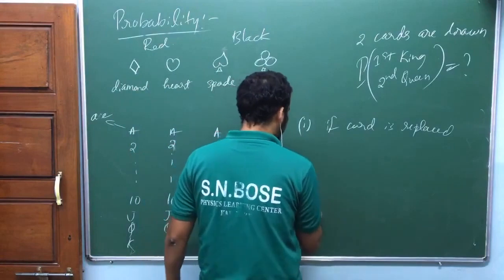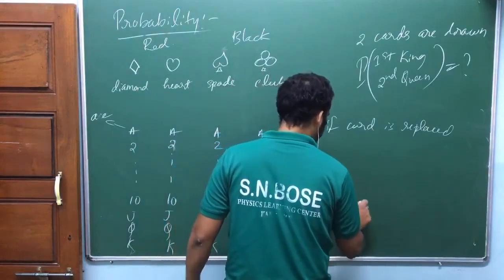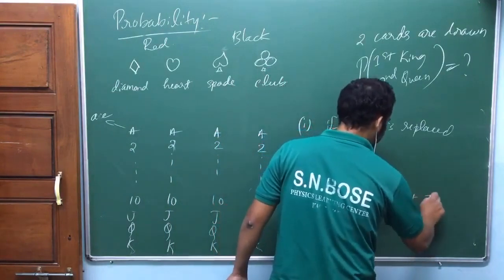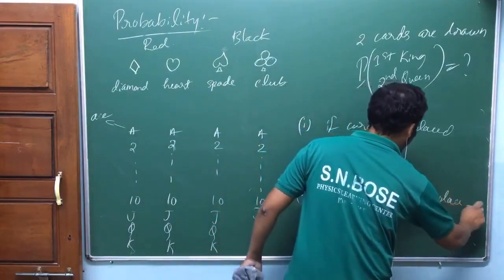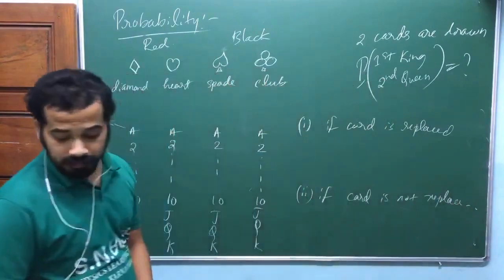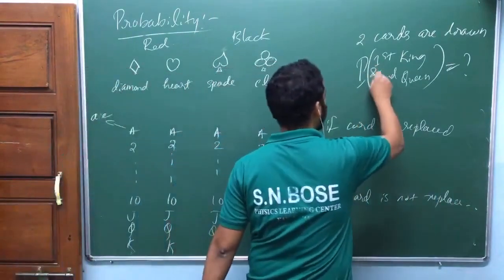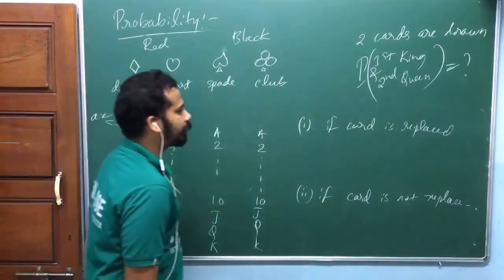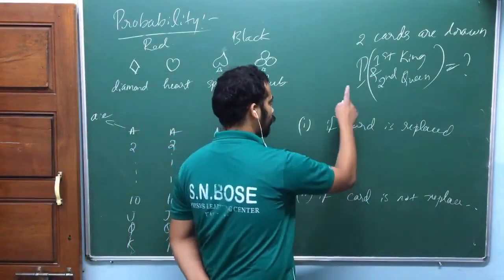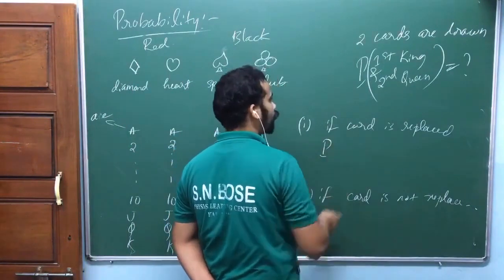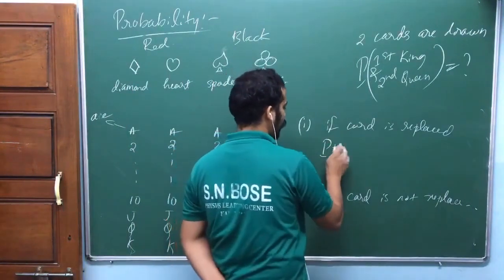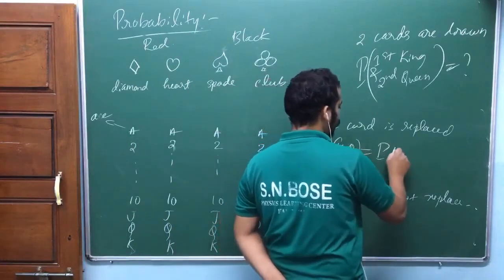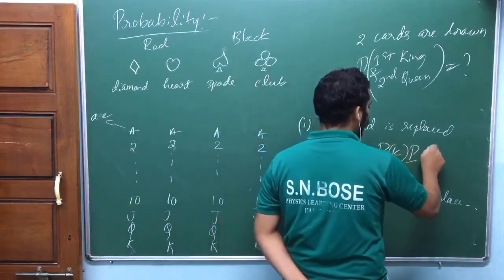So the second one, if the card is not replaced. First one king and second one queen, am I right? It's an and statement. So if the card is replaced, look at here, this is equal to the probability that the first one is king and second is queen, that's equal to probability of king times probability of queen.